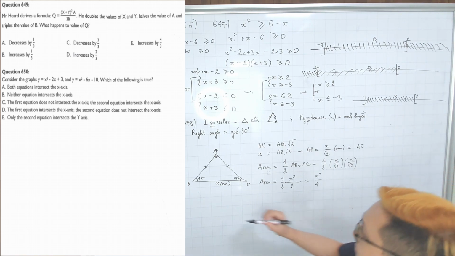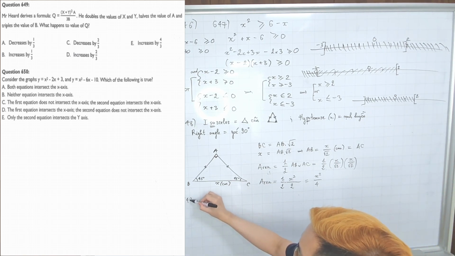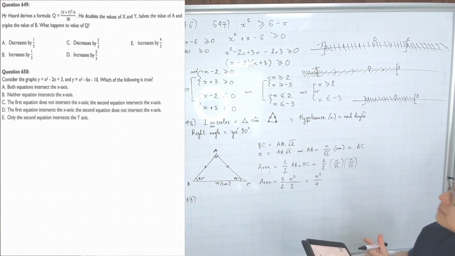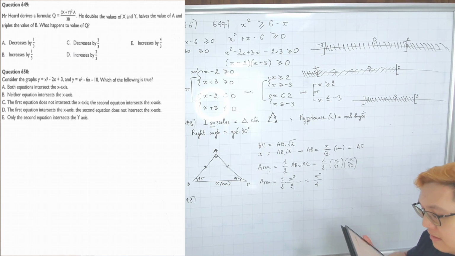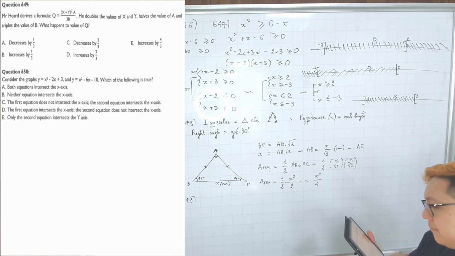649. Mr. Hurd derives a formula. He doubled the value of x and y, halves the value of a, and triples the value of q.